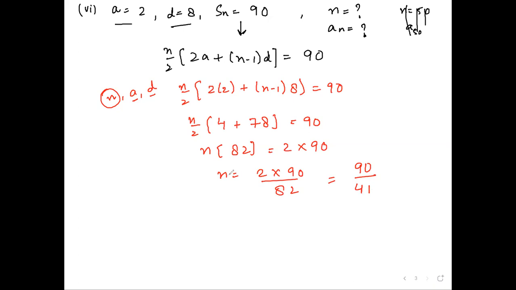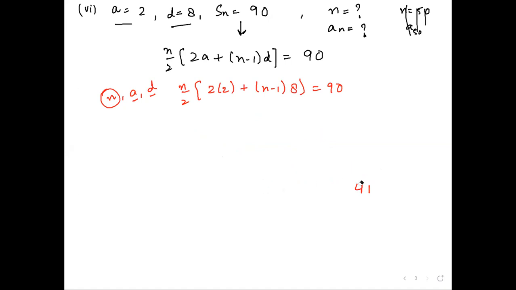Oh, some mistake I'm doing. How have I written this 78? This is wrong. Sorry, I did one mistake here. Let's solve it again. That's why I was wondering what is happening.